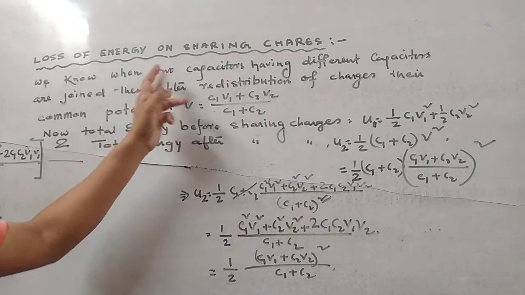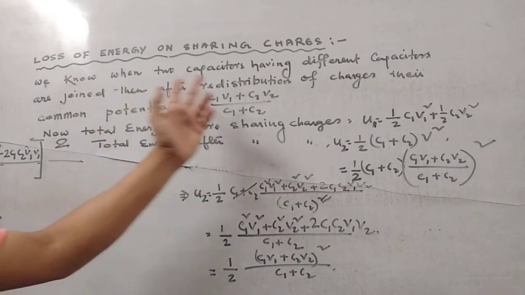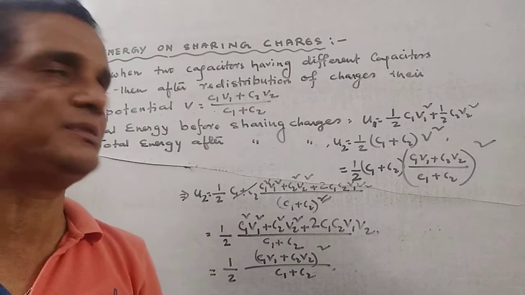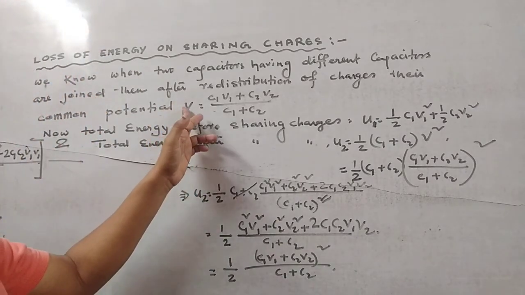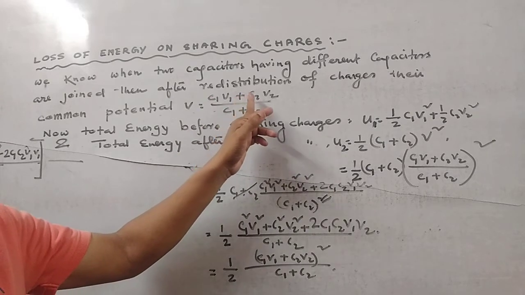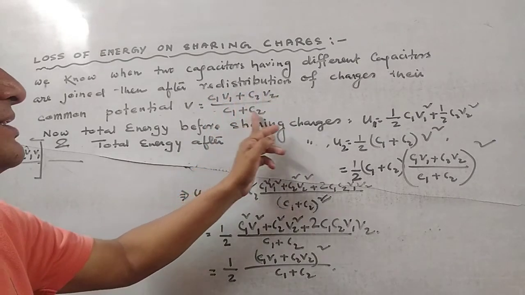For that, we have taken two capacitors having defined capacitance and joined them. So the charge is redistributed. Then they will have a common potential after some time, and that common potential will be V equal to C1 V1 plus C2 V2 divided by C1 plus C2.